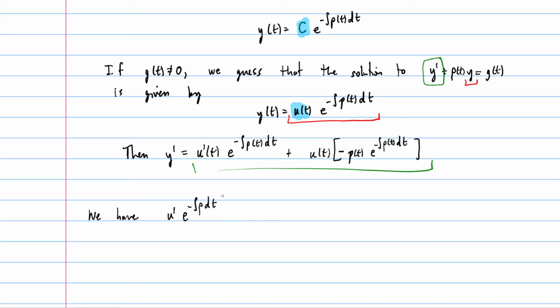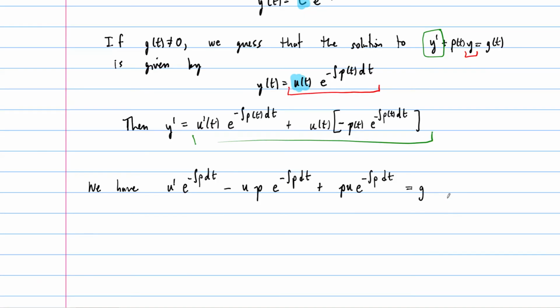So that's going to be minus u times p times e to the negative integral p dt, and then plus p times y. y is u e to the minus integral p dt, and then we just have g over here. All right, so I've left off the of t's in the functions, but we know that they're there. And then look, these two terms are the same, right? The order here doesn't matter, so those cancel.